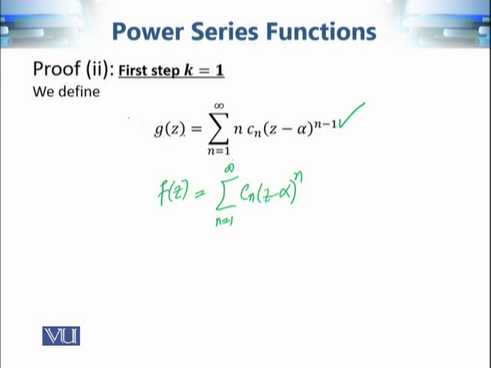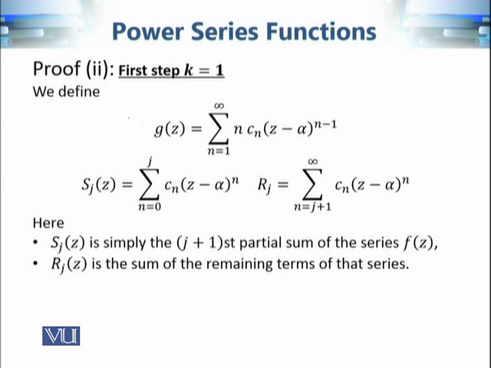So that's why we are taking this g of z, and we divide this f of z, the power series function, into two parts. In the first part we have the first j plus 1 terms, starting from n equal to 0 to j, and in the second part we have the rest of the terms, in other words starting from j plus 1 to infinity.